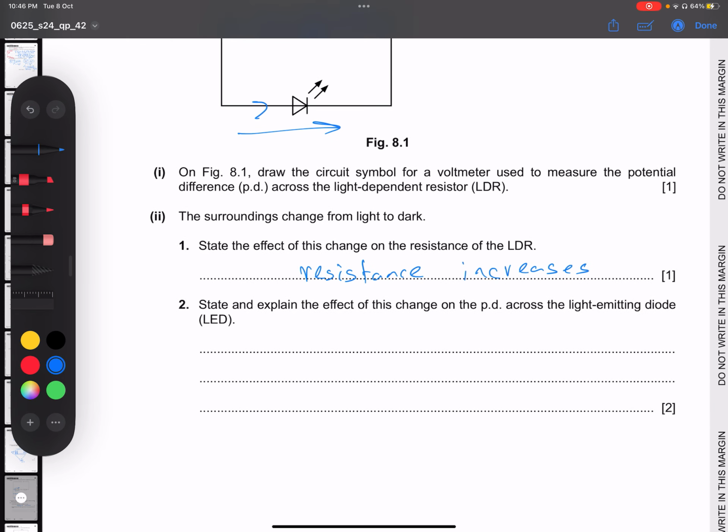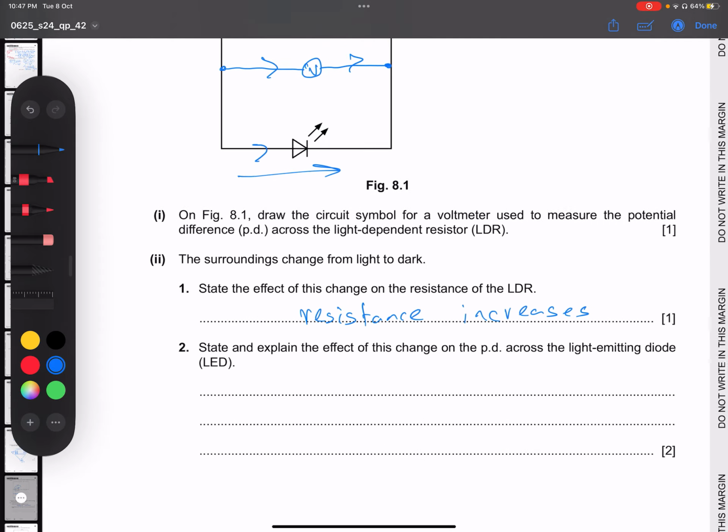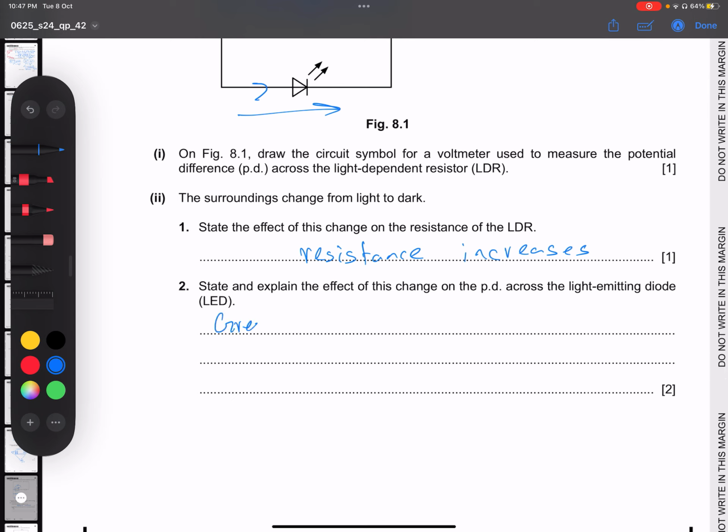State and explain the effect of this change on the PD across the light emitting diode. First, when the resistance increases in a series circuit, the voltage across the resistor with the greater resistance increases. The key word is greater proportion.